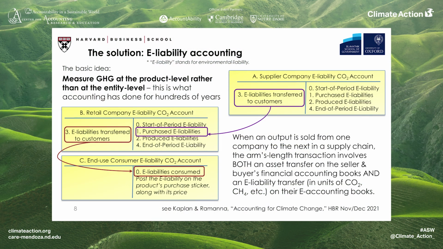So if you just take, you'll excuse the use of T accounts, but for accountants, sometimes that's the simple way, you could actually have, for each company, the starting amount of their e-liability, accumulated greenhouse gases that they have not yet transferred upstream. You'll see where this comes from. How much they purchase from all their tier one suppliers, all of whom they obviously know.